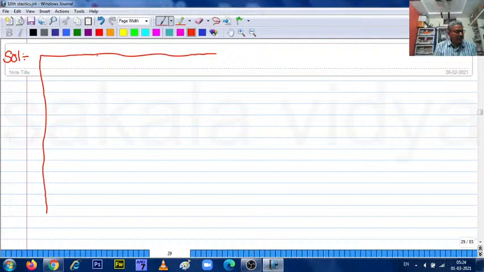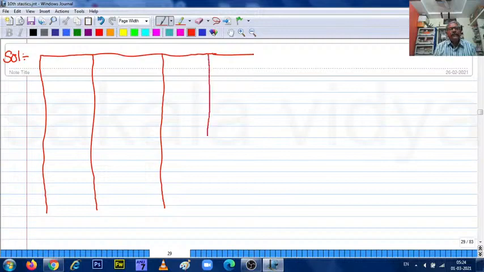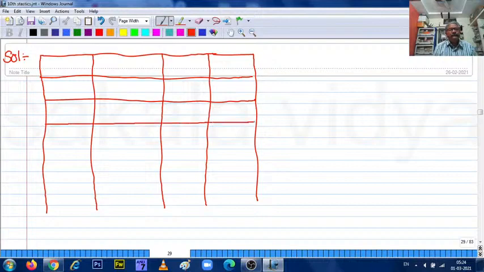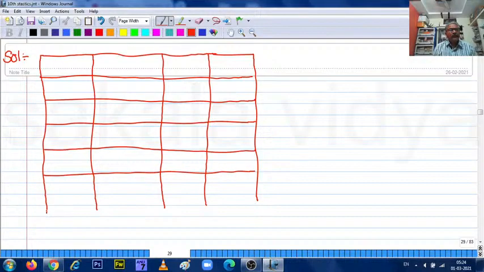This is marks, this is number of students, mid value, this is fi xi. Then 0 to 5, 5 to 10, 10 to 15, 15 to 20 and 20 to 25.